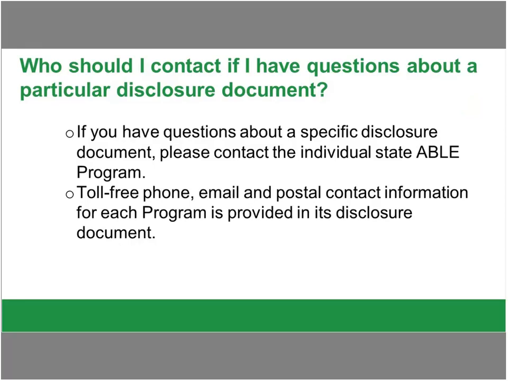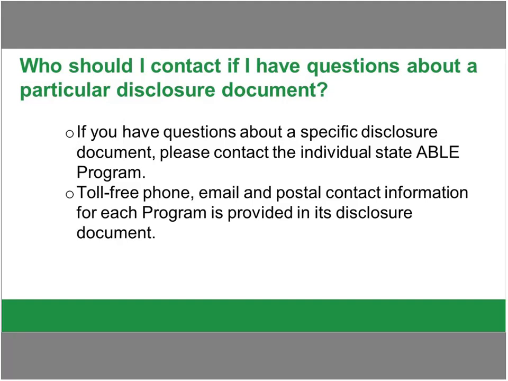Also, if you have any questions about a particular disclosure document, who should you contact? We recommend that you contact that state-specific program, of which on each of their pages there is usually a toll-free phone number, email, and postal information provided.